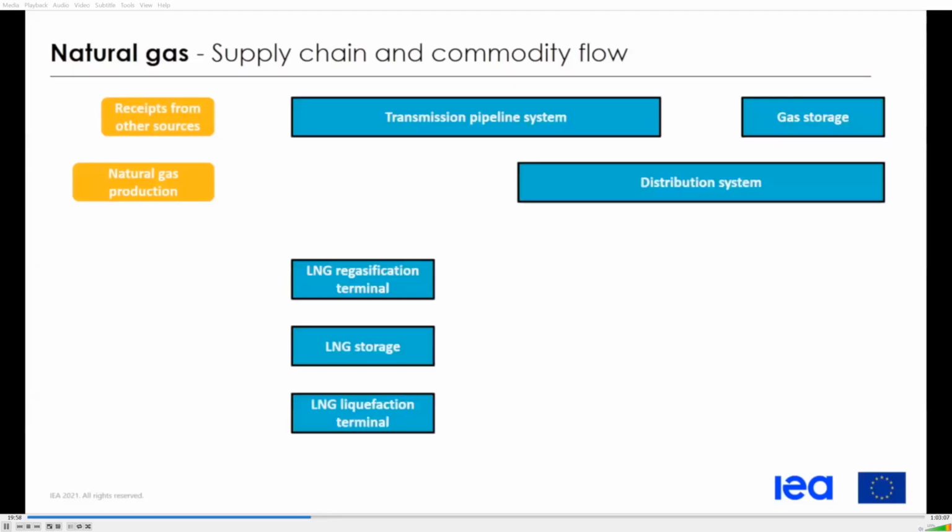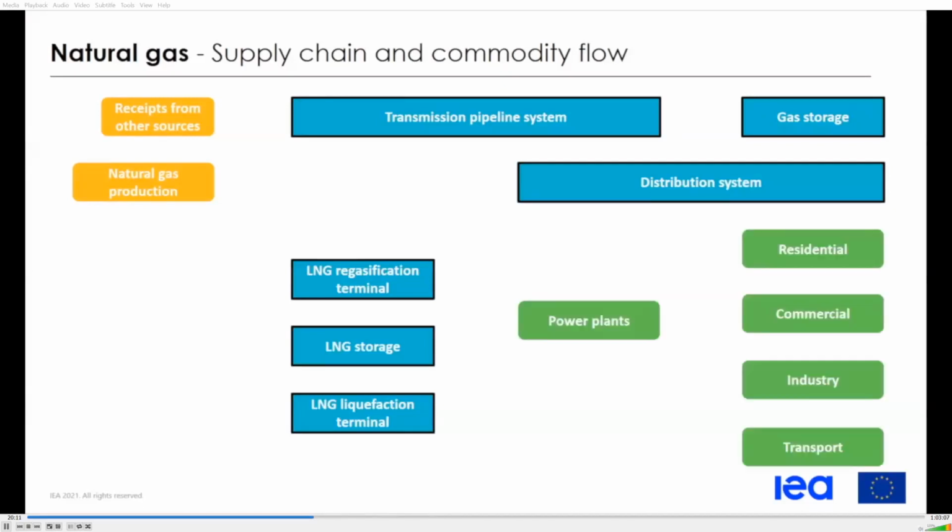So this includes the transmission pipeline systems, the distribution systems, and the LNG terminals in the country. Finally, at the end of the chain, natural gas is consumed in different sectors, such as heat and electricity generation in power plants, or water and space heating in the residential and commercial sectors.